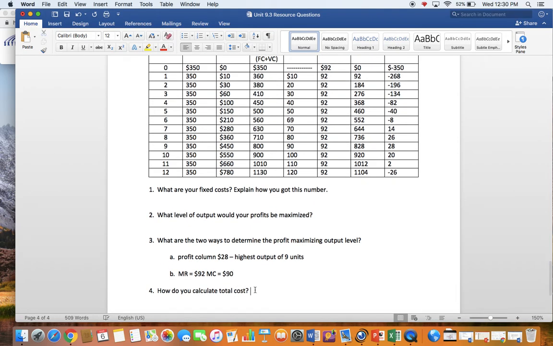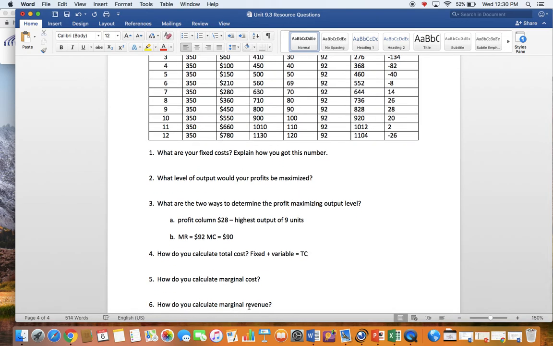So how do we calculate total cost? Fixed plus variable equals total cost. How do you calculate marginal cost? We're looking at the change, or the additional cost, of producing one more unit. I'm not going to give you a formula because some of you will get messed up with that.